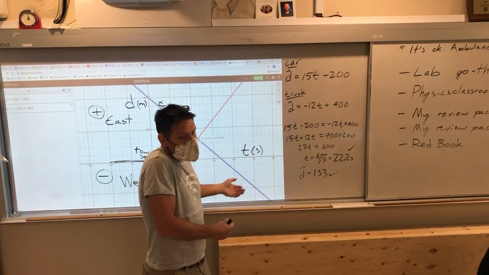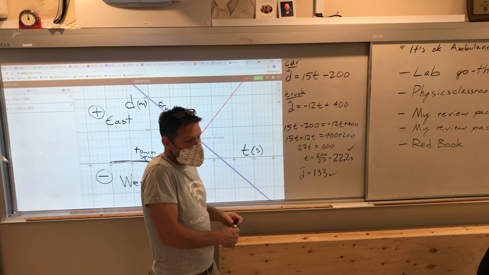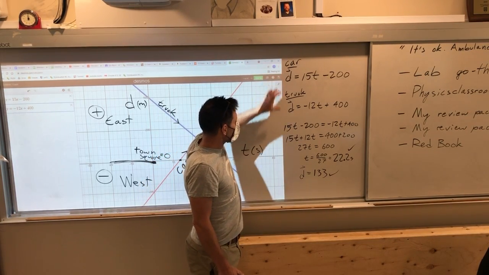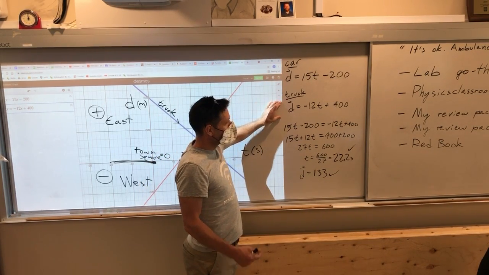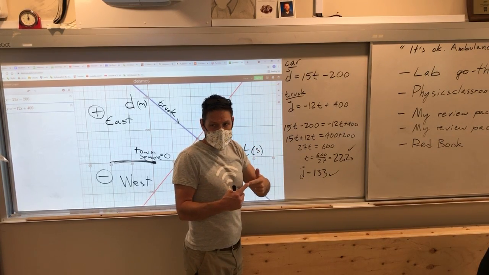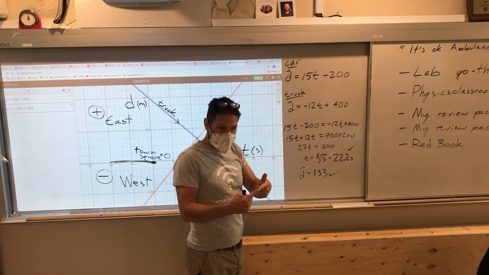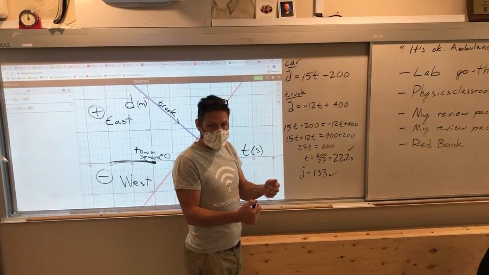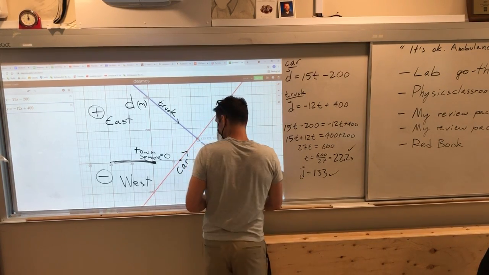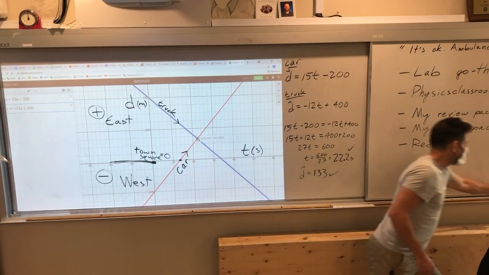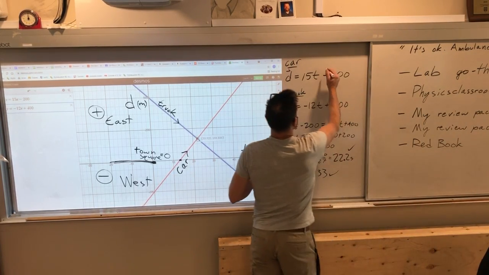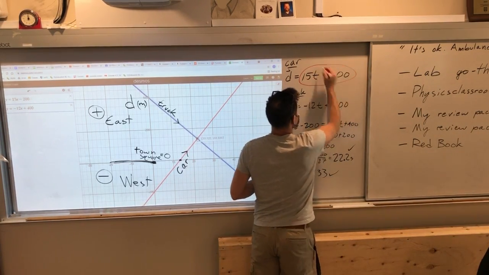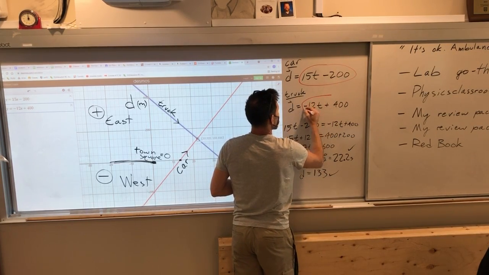You don't have to do that graphically, you can do it mathematically. If you take these 2 equations and you say, when they pass each other, their position, their displacement will be equal, yes? So the displacement for the car is really this, and the displacement for the truck is really this.